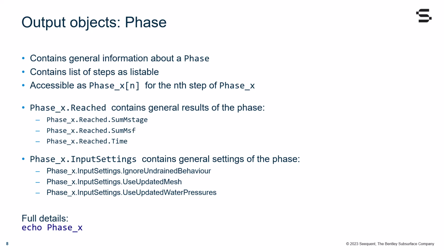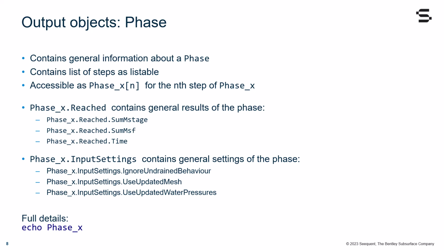Let's check another important object in Output, the phase object. The phase object contains general information about the phase in your project. It contains a list of steps as a listable, which is accessible as phasex.n for the nth step of the phase you are currently checking.